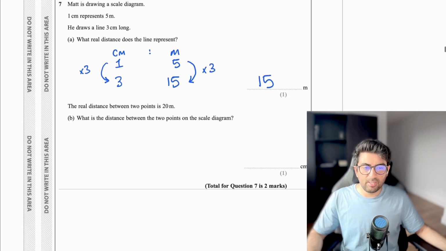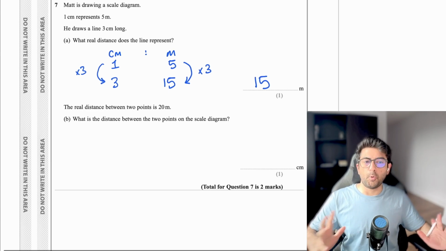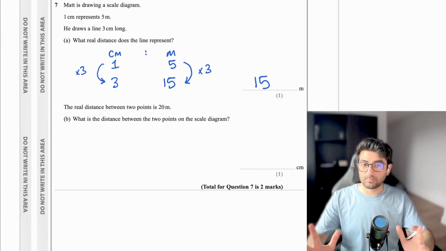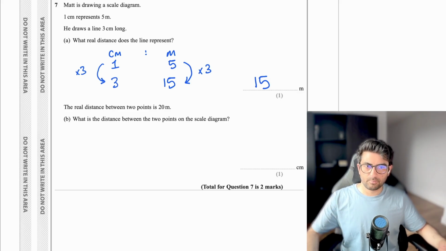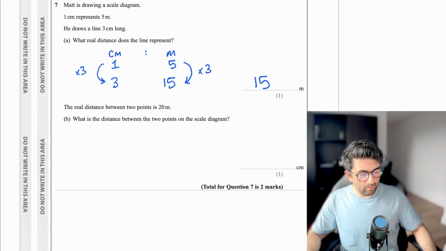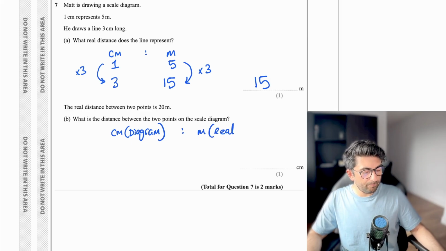Next question. The real distance between 2 points is 20 metres. What's the distance between 2 points on the scale diagram? Okay, so same thing. We've got our centimetres, which is the diagram, and we've got our metres, which is the real.